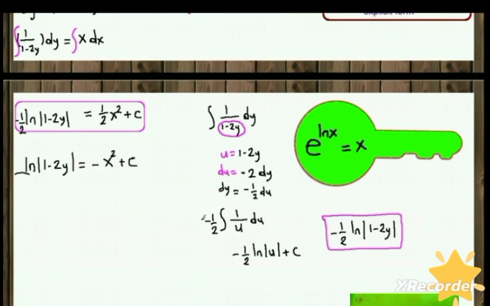Now we need to get rid of ln. So we are going to raise both sides to the power of e. Here our key is e to the ln x equals x. So e to the ln of (1 minus 2y) will be equal to 1 minus 2y, which equals e to the (negative x squared plus c).